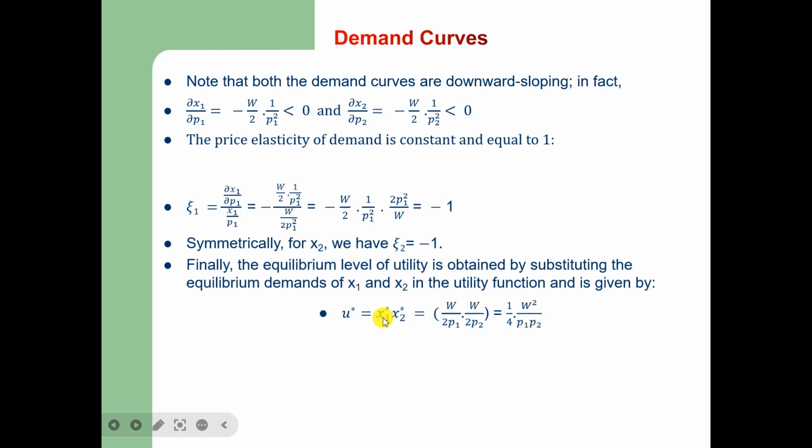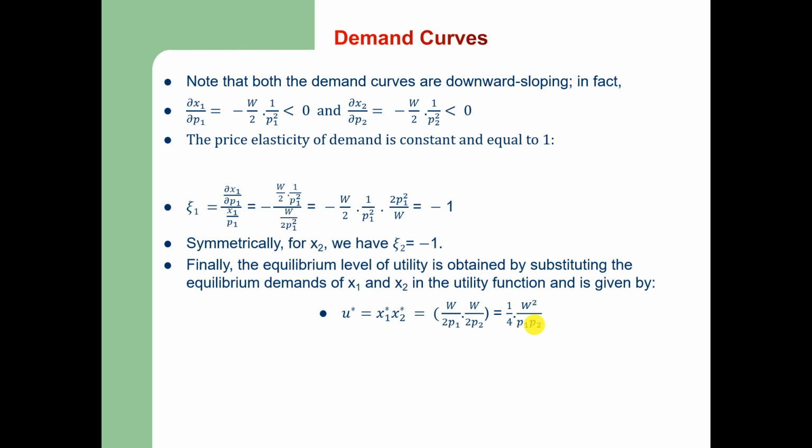We knew in the previous slide that the Marshallian demand for x1 star is equal to w divided by 2p1, and the Marshallian demand function for good 2 is equal to w divided by 2p2, and if we simplify, finally we have 1 by 4 times w square over p1 p2. So this is the maximum utility which the consumer can attain subject to the budget constraint.